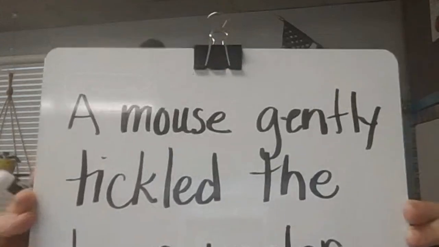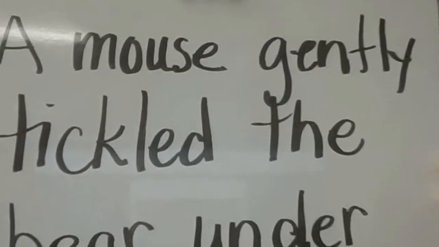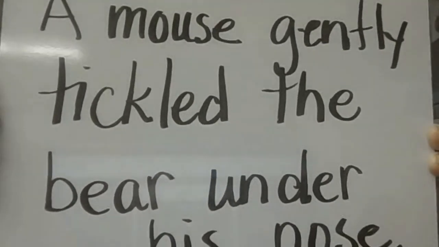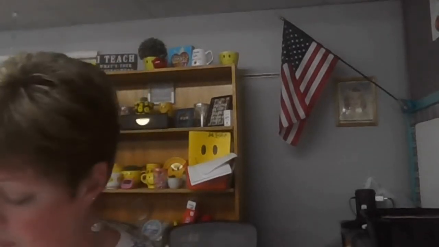Okay, so that's our second sentence. Now this is where you stop it and you can write the sentence down. Go. Okay. Now we've got that sentence written. A mouse gently tickled a bear under his nose.